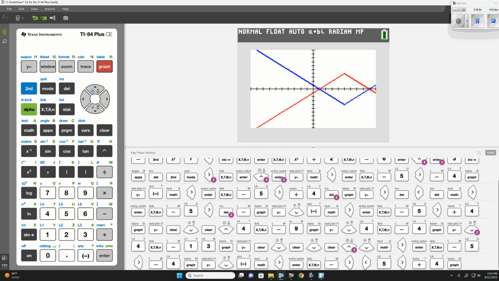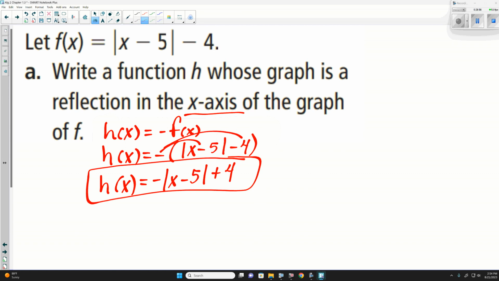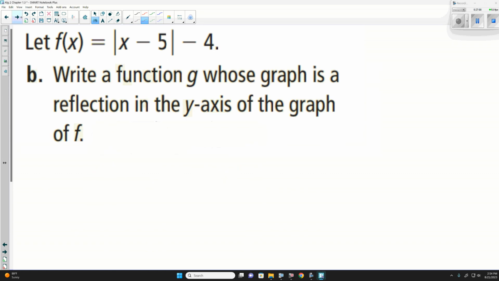All right. Get ready for the next one. This time we decided to name this one g of x, whose reflection in the y-axis, which means we're using what?